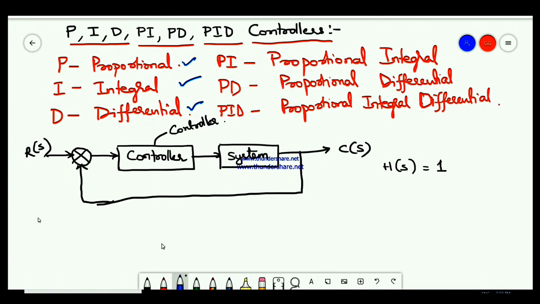Normally the different types of control systems are used for finding out the stability or how to reduce the time specifications in the control system. The time specifications which we defined earlier, rise time, settling time, delay time and so on, should be reduced.